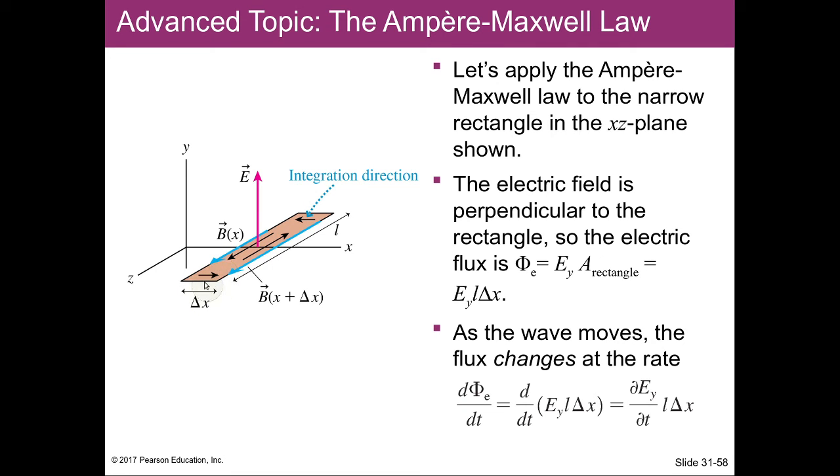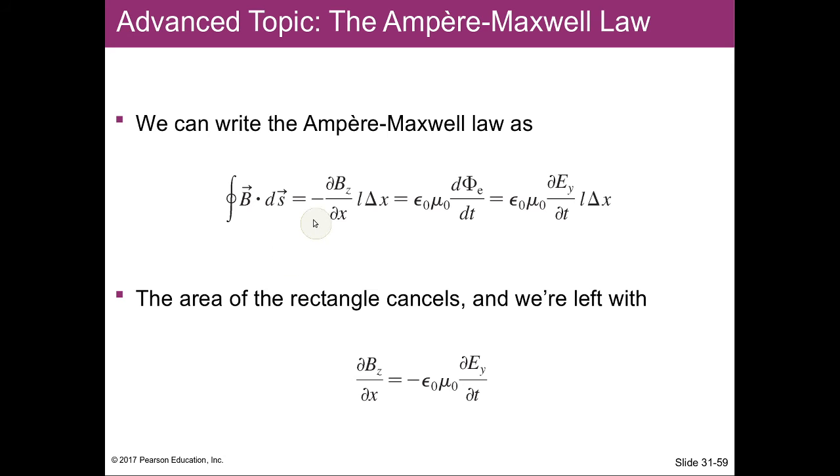So again we get two contributions that are 0, where the field is perpendicular to the direction our curve moves, and then we get two contributions that are almost the same but in opposite directions, almost cancelling each other out and just leaving a small contribution that's L times dBz by dx.